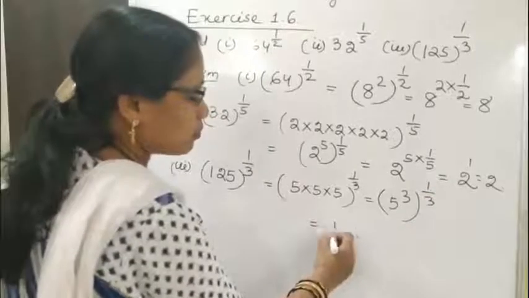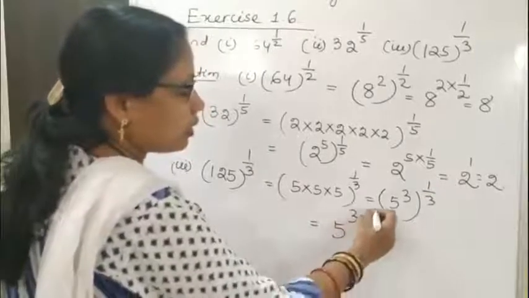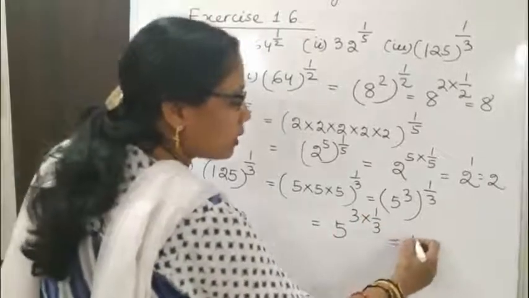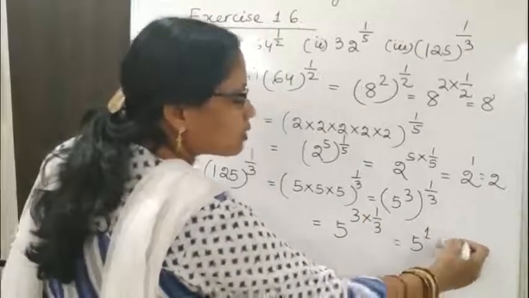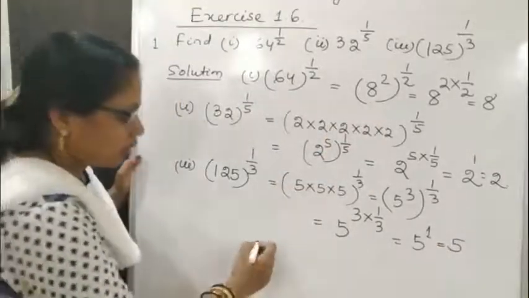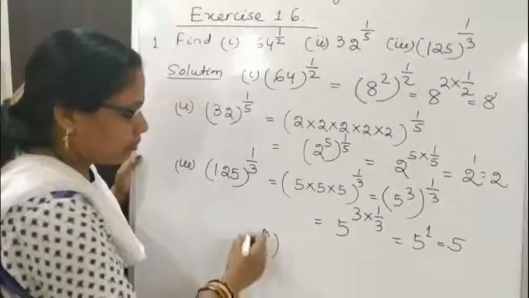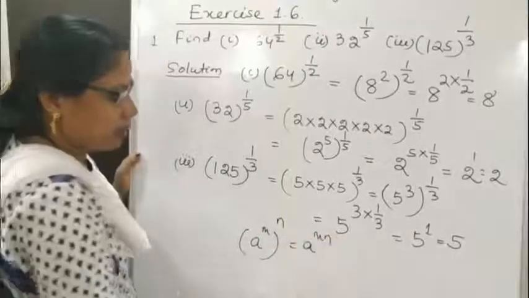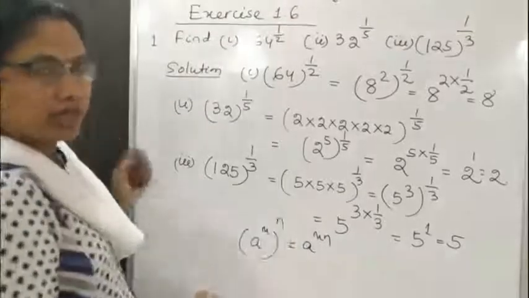So this is equal to 5 to the power 3 multiplied with 1 by 3. So this is equal to 5 to the power 1, this is 5. So in all the cases we have applied the law, that is a to the power m whole to the power n is equal to a to the power mn, where m and n are rational numbers.